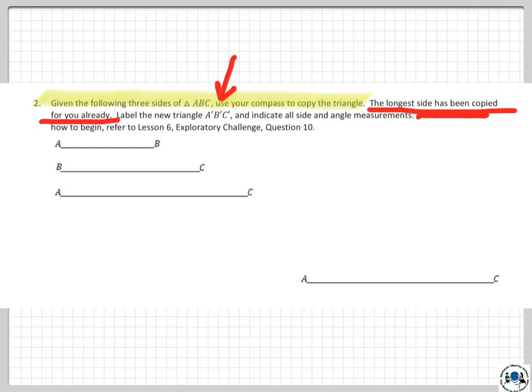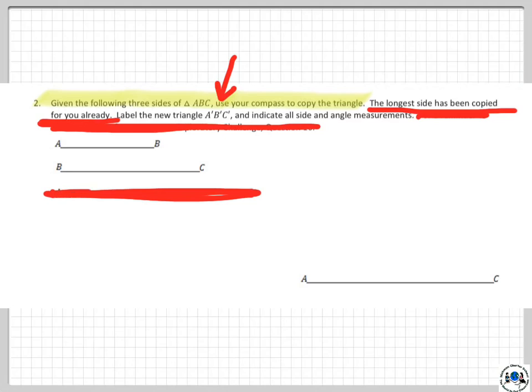But I'm just going to tell you again what you're going to do. You are going to be using the compass. So these are the sides. This one's already been drawn for you here. You can get another piece of paper, and as I do it for you, you can do it with me. Now, again, it's really difficult because these measurements are not exact.